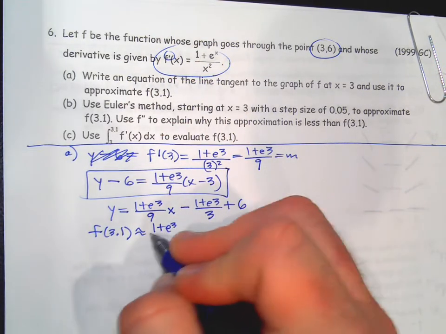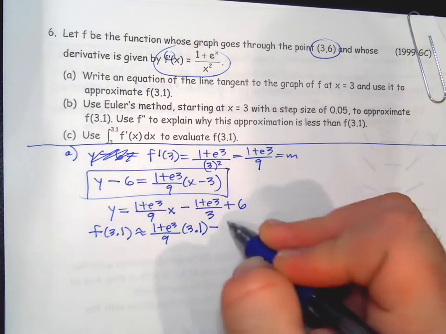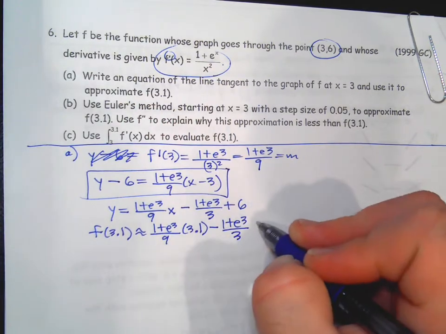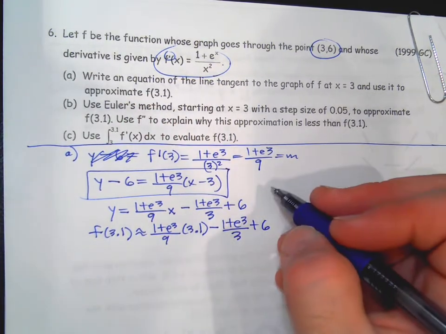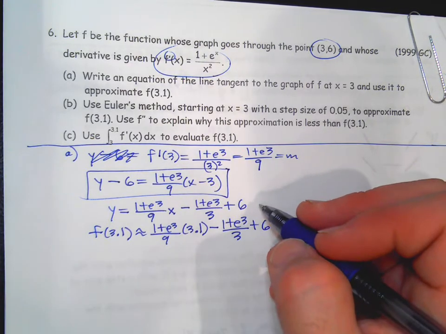Now, I guess this is where a calculator could come in. I mean, technically, on free response questions, you can just leave it unsimplified. Like this would be okay.